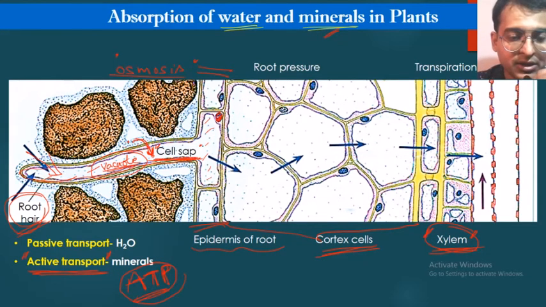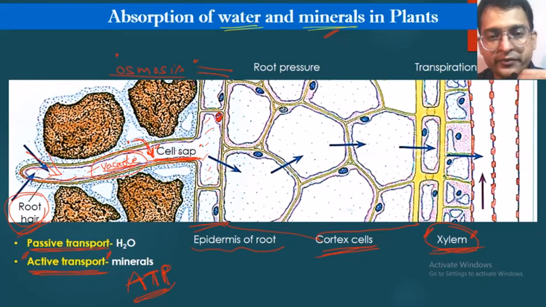The minerals can be taken from low concentration to high concentration. Okay, in the cell sap, so it has to go against the gradient. Okay, so that is the active transport for the minerals and passive transport for the water. Okay, the passive transport is the process of osmosis.